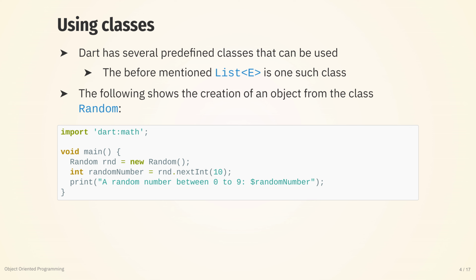It's a call to the constructor of Random. When that is done, we can use the object via dot notation. So to get the random number into the variable randomNumber, we call the object rnd and then dot nextInt(10), and it will give us a random number between 0 and 9, which we print out, as you can see over there.